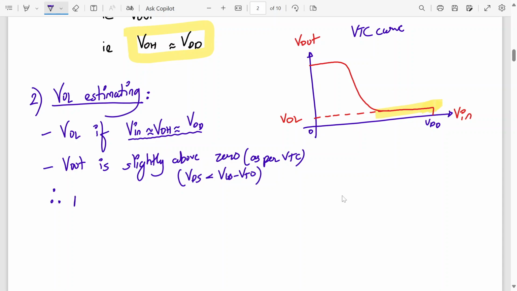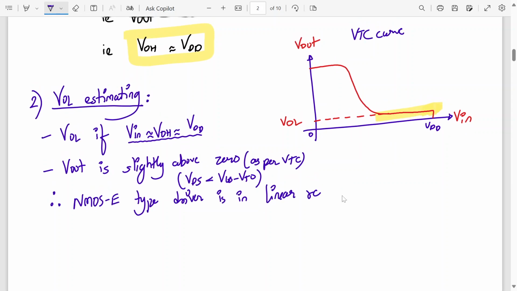Okay, so therefore the NMOS enhancement type driver is in the linear region. Okay, why is knowing the region of operation important? This is important while deriving the expression for the VOL.